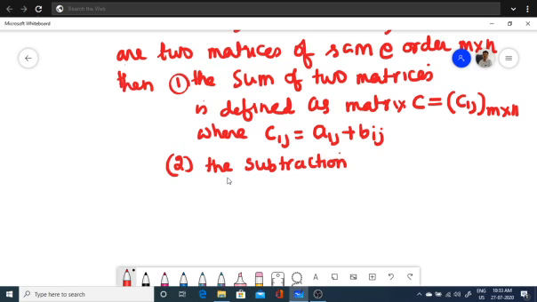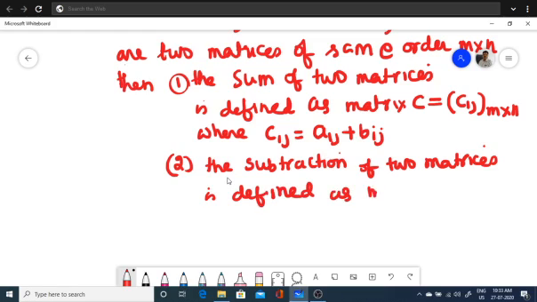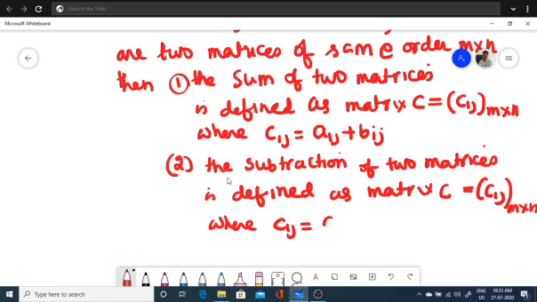just by adding the corresponding elements we are getting the addition of two matrices. Now the subtraction of two matrices is defined as matrix C, where Cij is of same order m by n, where Cij is equal to Aij minus Bij.